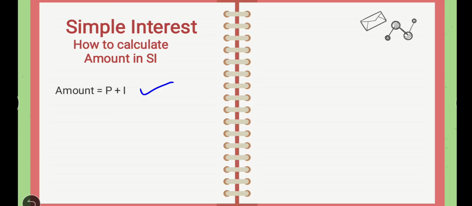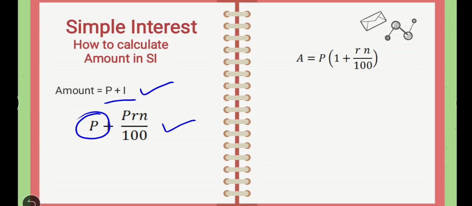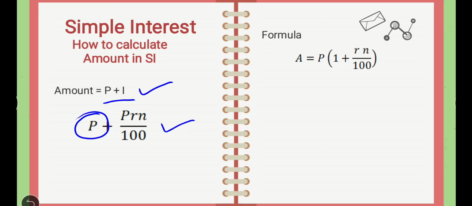So we know the formula for interest. So P plus the formula for interest, P plus PRN divided by 100. We can take P common from this formula. So the formula for amount is equal to P into bracket 1 plus R multiplied by N divided by 100, bracket complete.